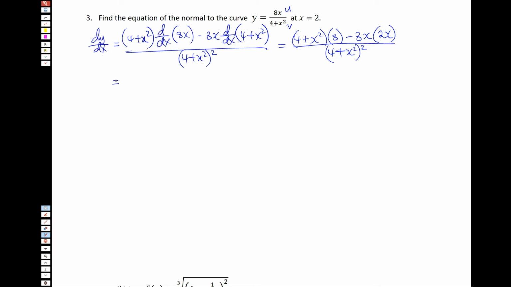Right, and then we can just simplify the numerator.